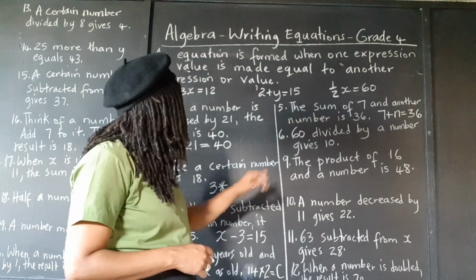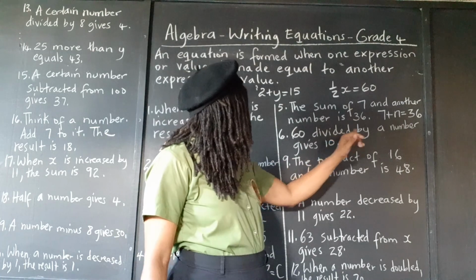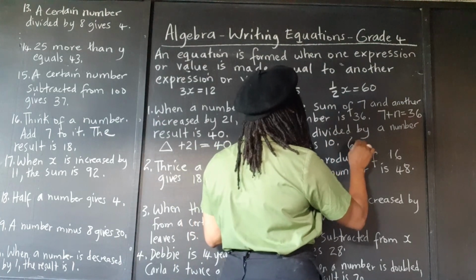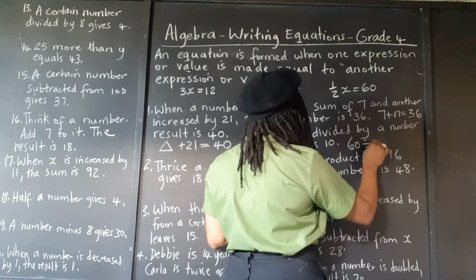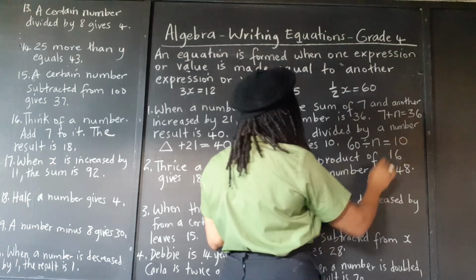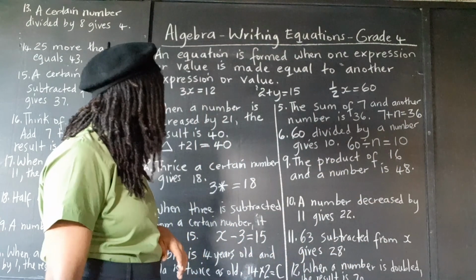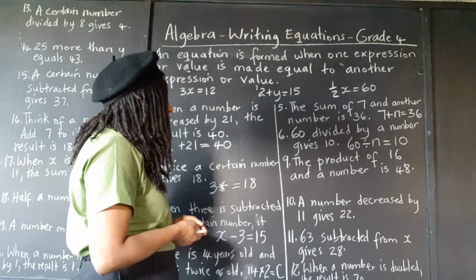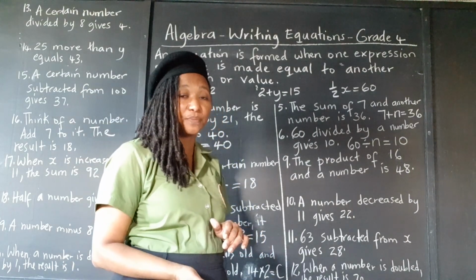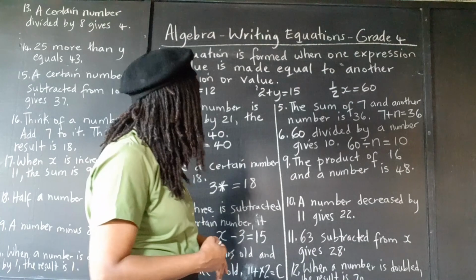Number 6. 60 divided by a number gives 10. So 60 divided by a certain number, and the answer is 10. The product of 16 and a number is 48. Product means we're multiplying.